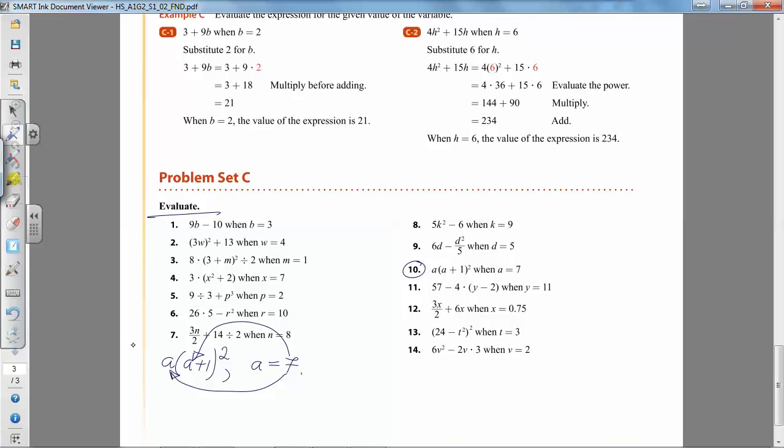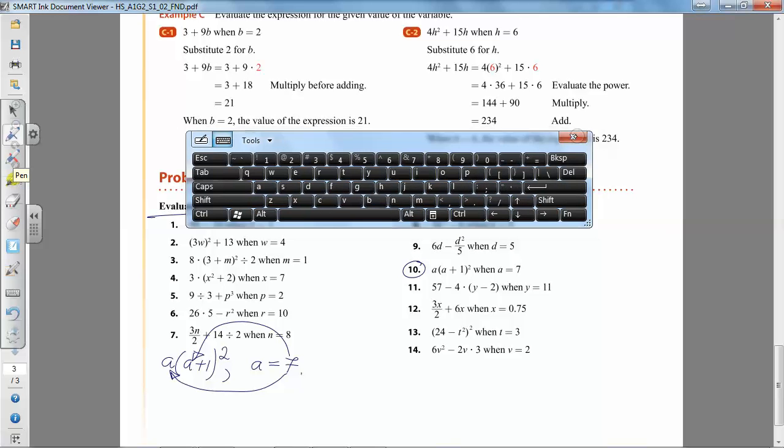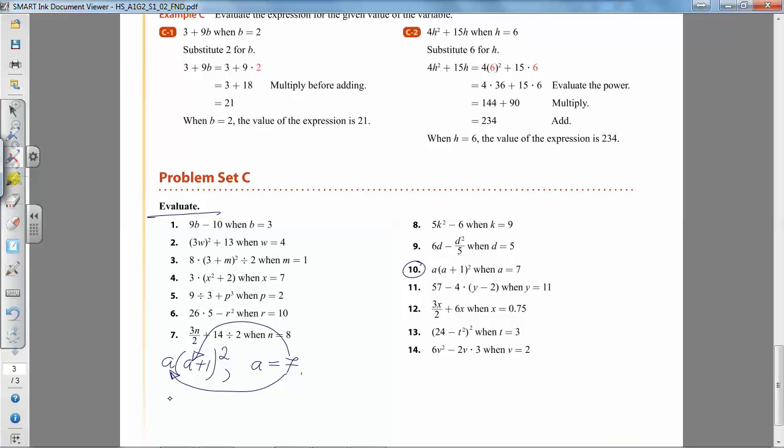Your expression now becomes 7 times (7 plus 1), everything squared, don't forget about that, right? Equals. Now, you need to use PEMDAS here, right? PEMDAS rules.